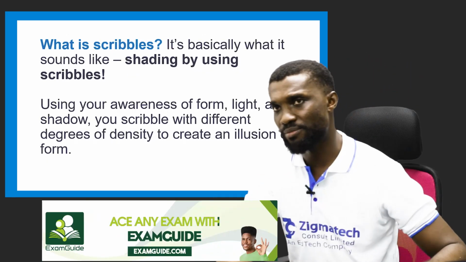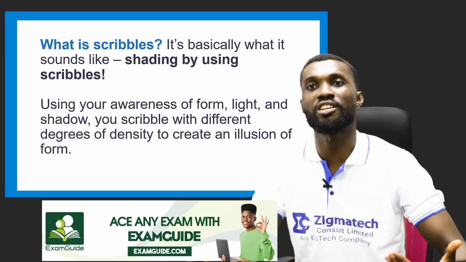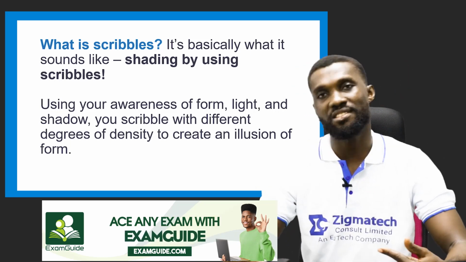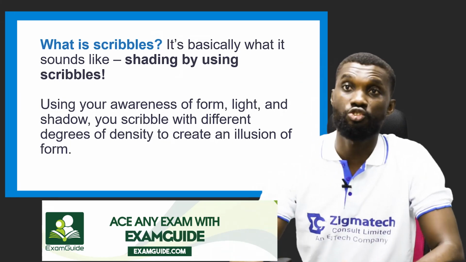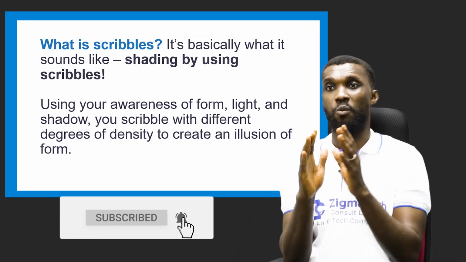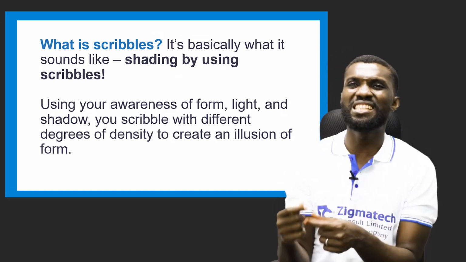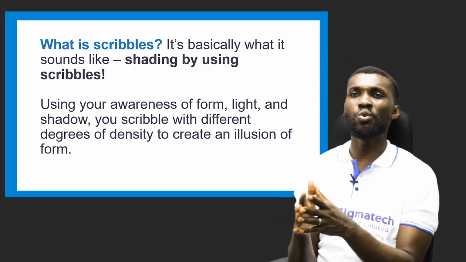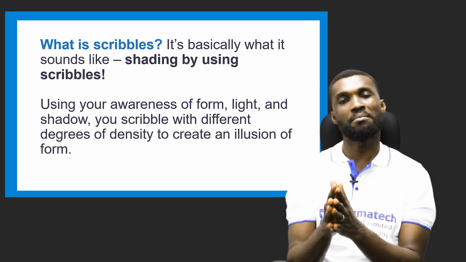Now, what is scribbling? As the name implies, it is shading by scribbles. Using your awareness of forms and light and shade to scribble with different degrees of density to create an illusion of form will give you an outstanding masterpiece.